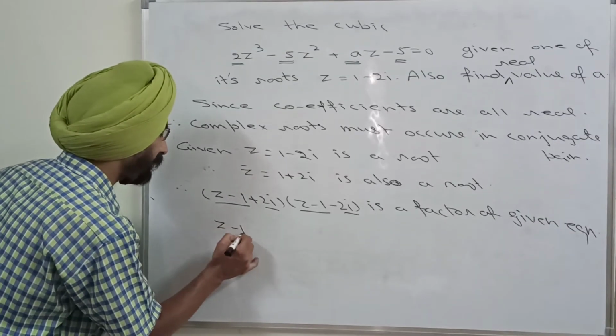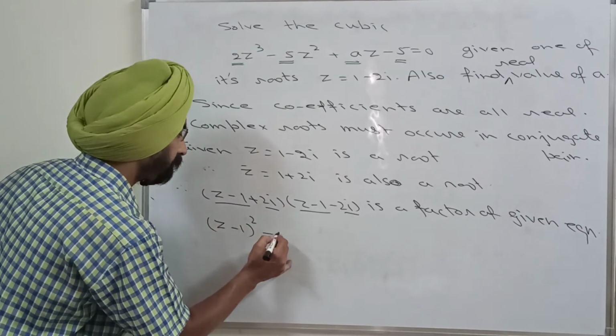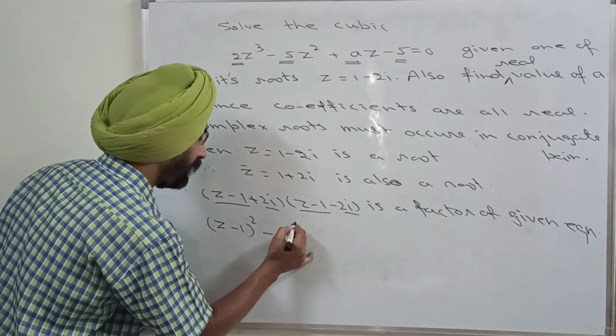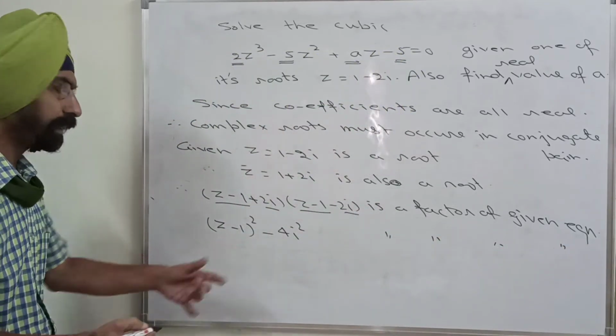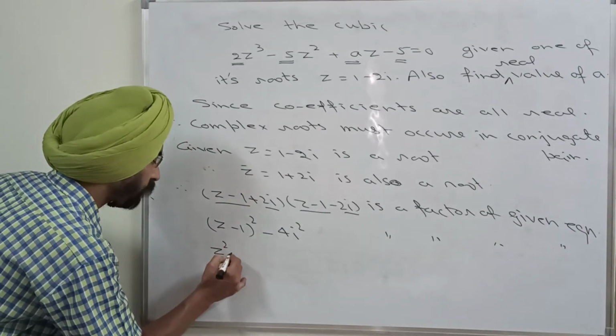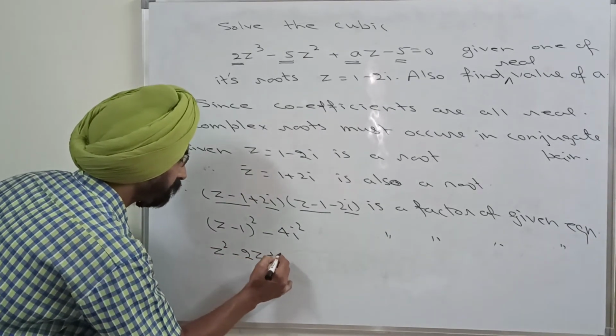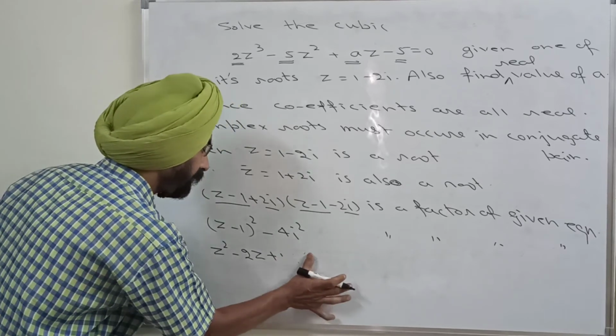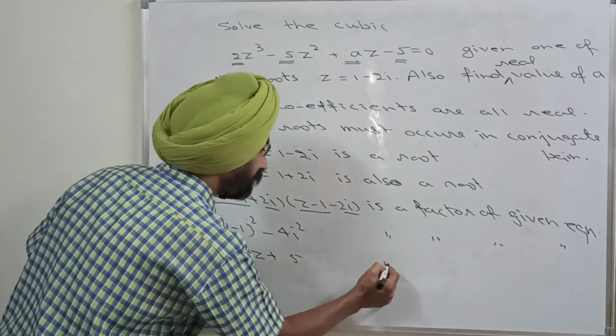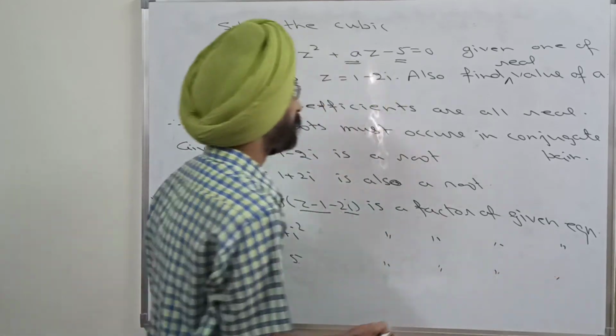So it is z minus 1 whole square minus 4 iota square is a factor of this equation. Simplify it further. So it is z square minus 2z plus 1, and it will become plus 4. That means you can say z square minus 2z plus 5 is a factor of this equation.